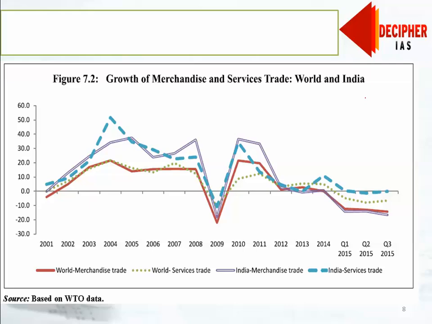So the situation has been very bad. Most of the quarters have been negative for various economies. The merchandise trade figures have shown a steeper fall than even services. So services से ज़्यादा बुरा हाल तो merchandise का है.